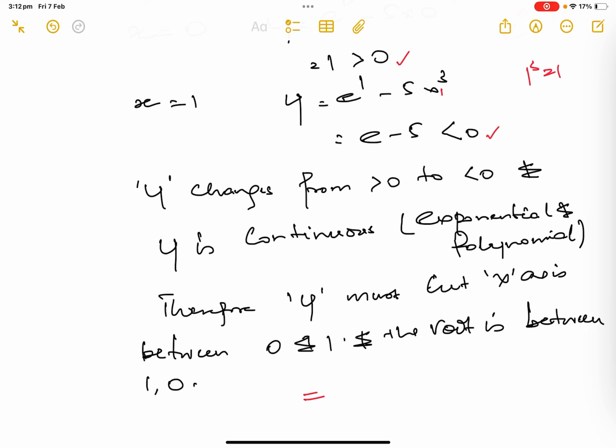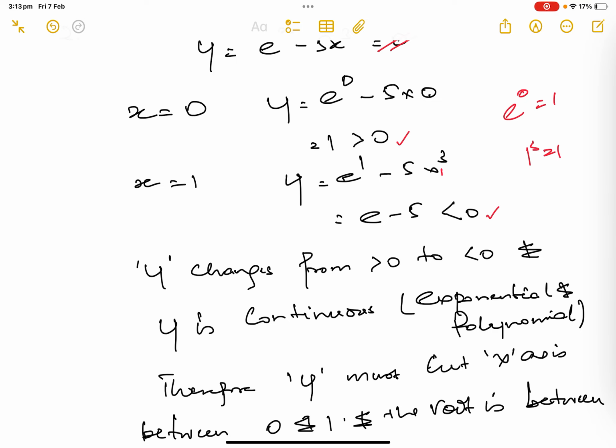The value at x equals 1 is less than 0. So the sign changes from positive to negative between x equals 0 and 1.